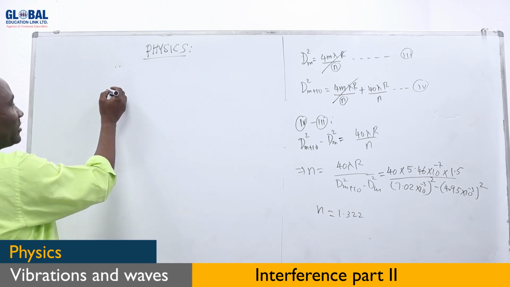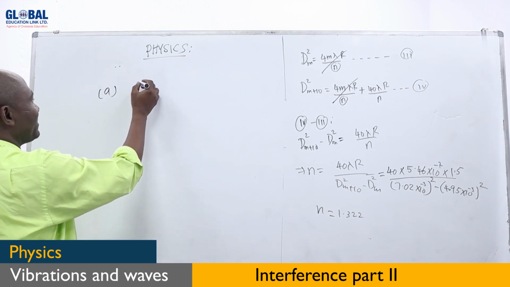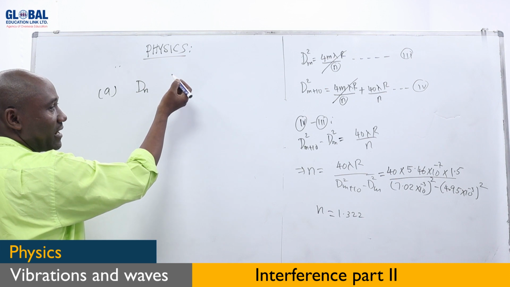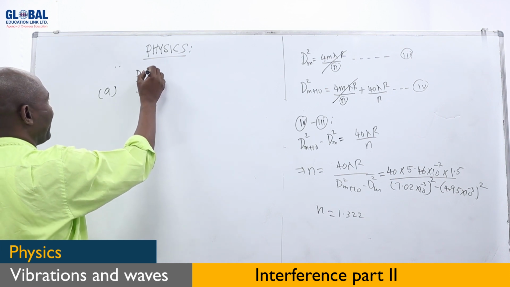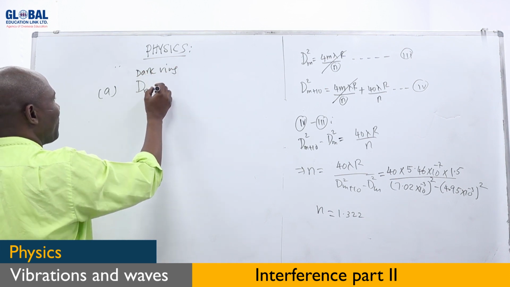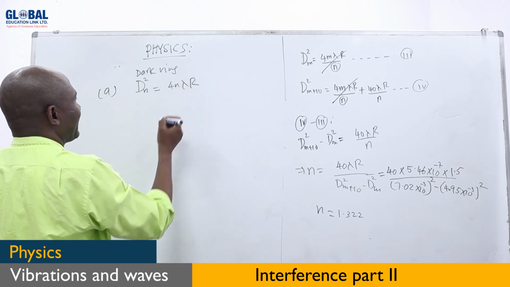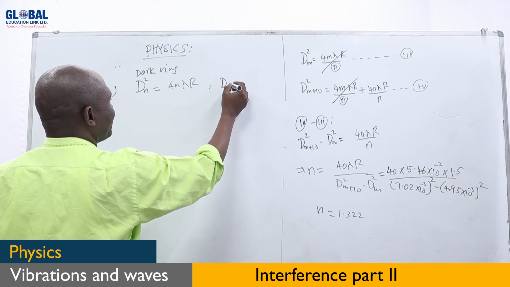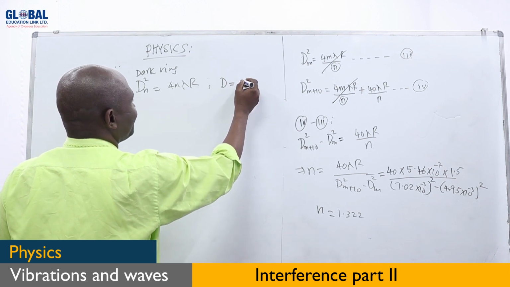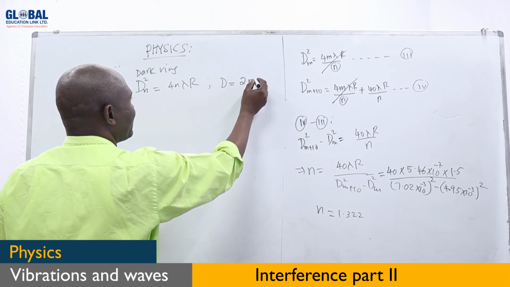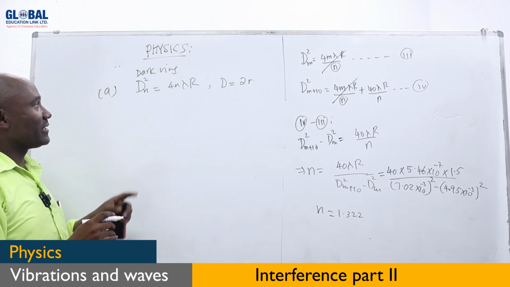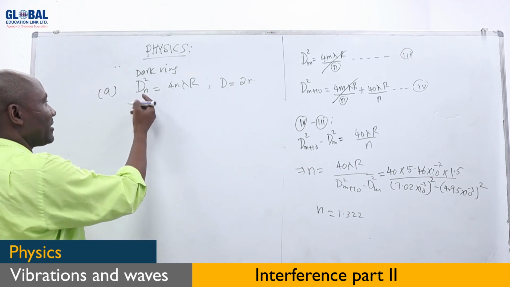I'm giving you the hints. Where do you start? We know for a dark ring, the formula equals 4n lambda r. If you know the diameter, then you can find the radius, because the diameter is 2r. You can take the value divided by 2.